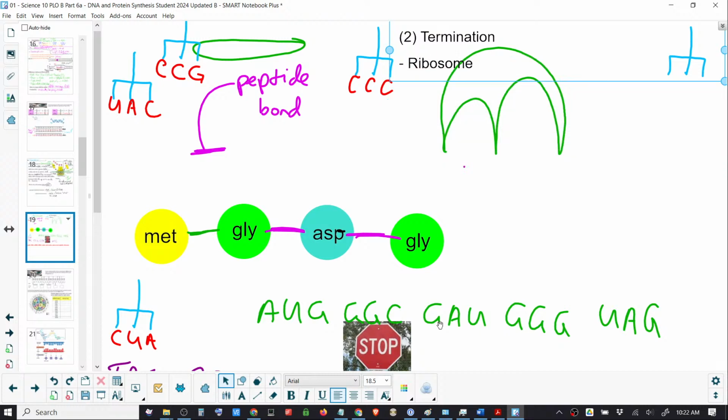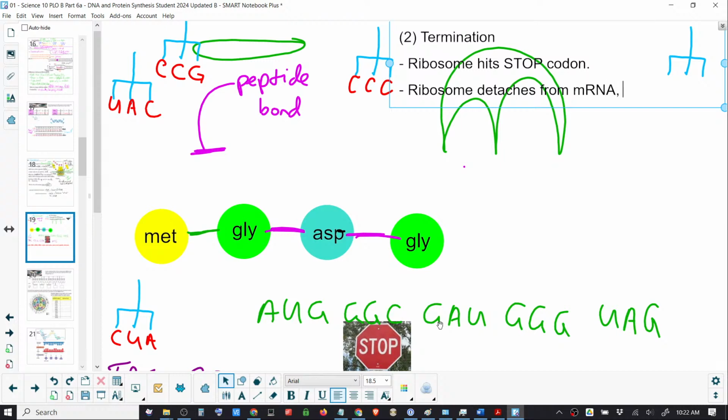Ribosome hits stop codon. Ribosome detaches from mRNA. tRNAs detach from amino acids.